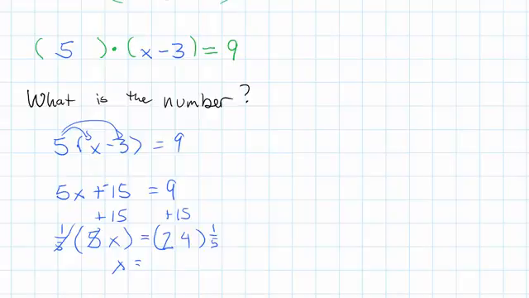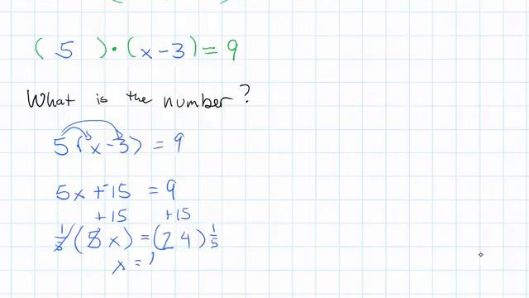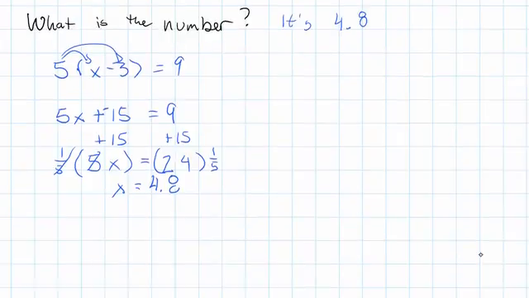This looks like a job for the calculator. 24 times 1/5 is 4.8. Okay. So what is the number? It's 4.8. Let's see one more example of this.